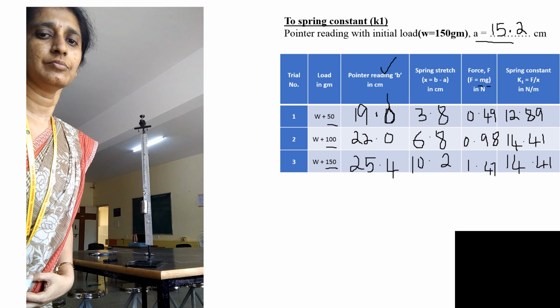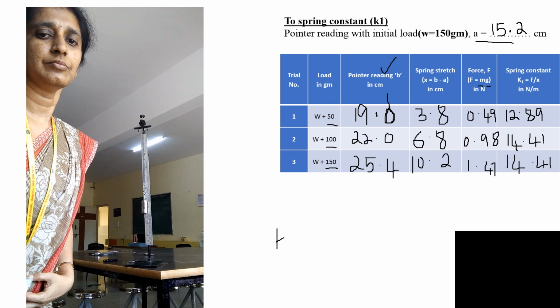So 14.41 plus 14.41 plus 12.89 divided by 3 comes out to be 13.90.